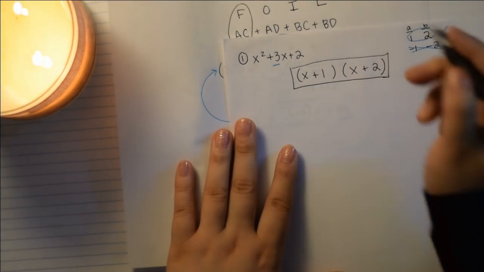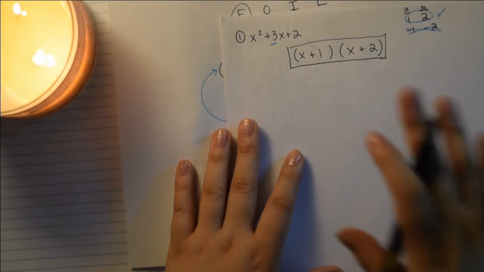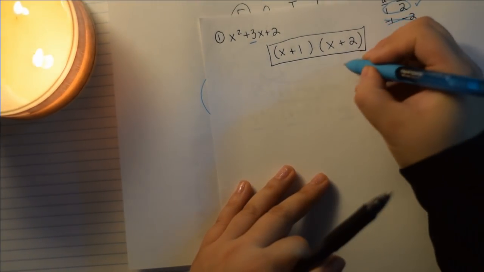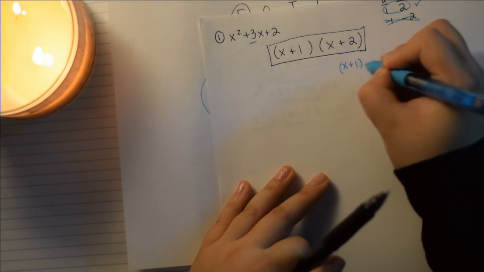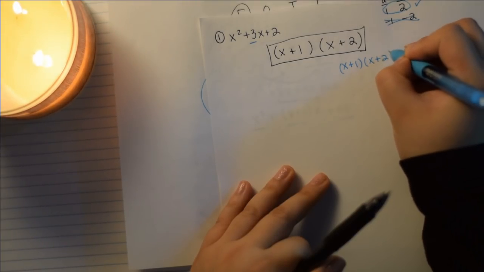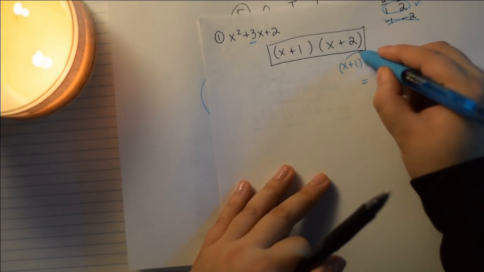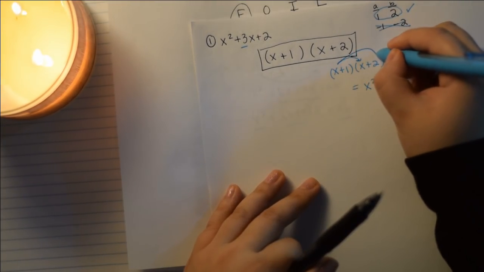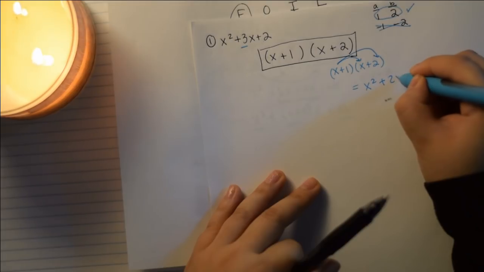And the great thing about these is as long as you have an answer, you can try to FOIL it back out to check it. So x times x is x squared. That's your first. Your outer is 2 times x.